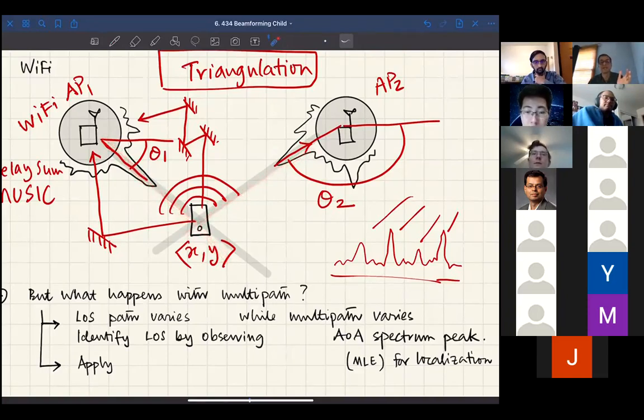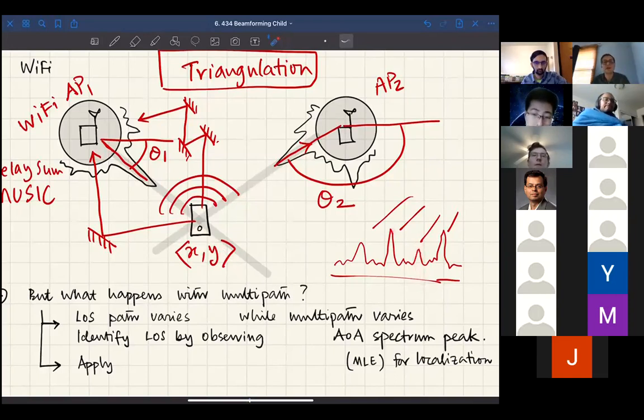The question now I'm asking is, suppose you also have figured out the AOA of the reflections, of the echoes. So now from your AOA spectrum, if you use the wrong AOA, your triangulation will completely get derailed.